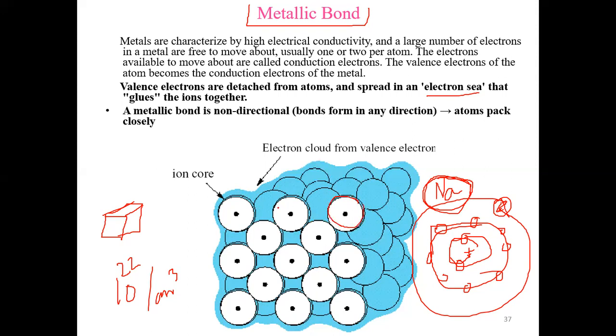As you know, there is an electrostatic interaction between the positively charged ion cores and the negatively charged electron sea, so there will be a Coulomb attraction between them. Due to this Coulomb attraction, there will be a bond between them, and this bond is called metallic bond.